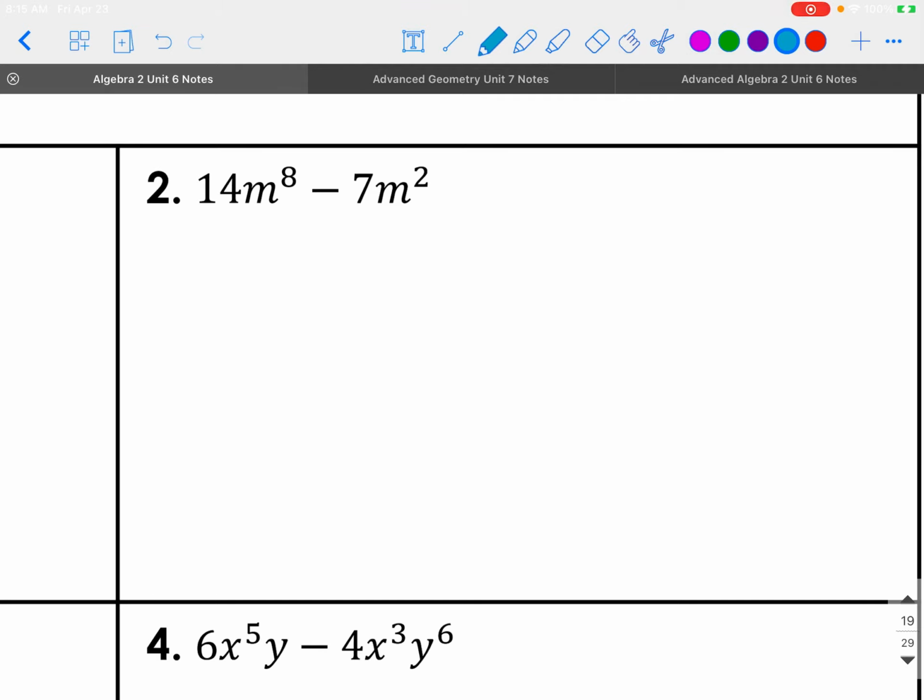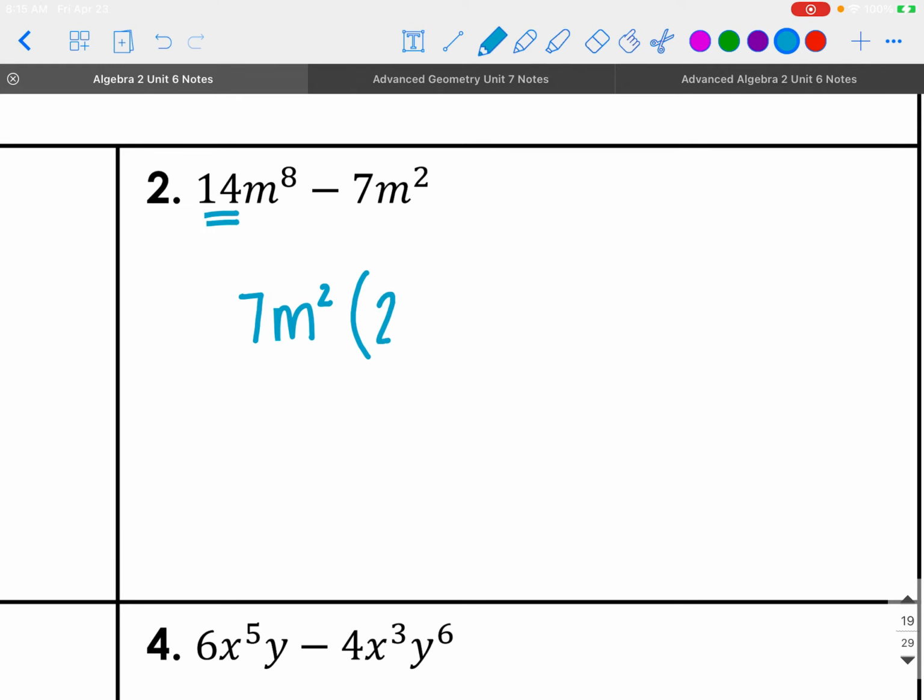Number 2, we have 14m to the 8th minus 7m squared. So 14 and 7. What is the largest number that goes into both 14 and 7? It's 7. And then m's, I can only take up to 2 away.